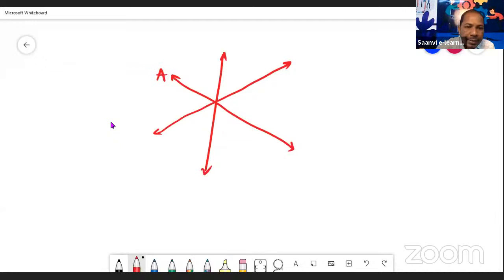This is the line AB and this is the line CD and this is the line EF.